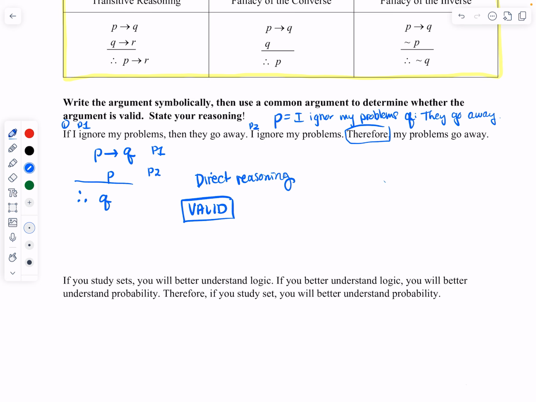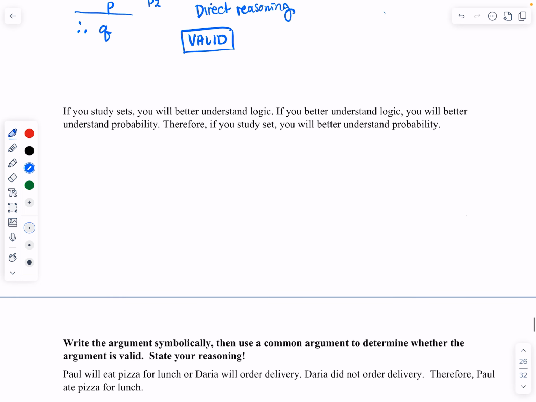Okay, let's look at the next one. If you study sets, you will better understand logic. If you better understand logic, you will better understand probability. Therefore, if you study sets, then you will better understand probability. Okay, so there's three things going around here. P is you study sets.